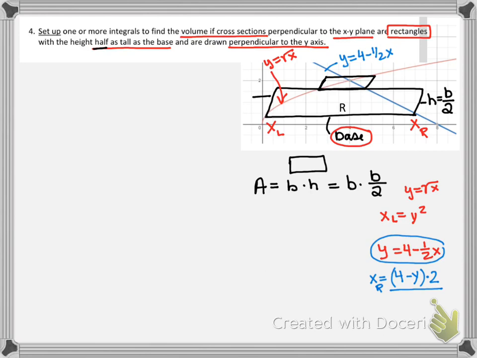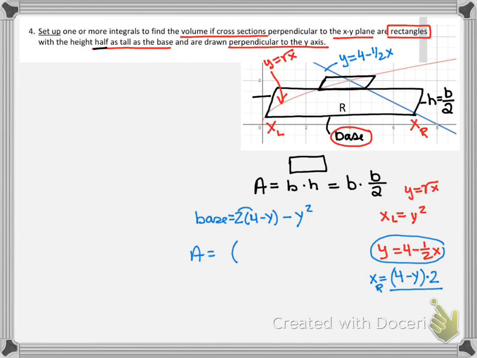So that means our base will be x on the right, or 2 times 4 minus y, minus x on the left, y squared. And so that means our area is that base.